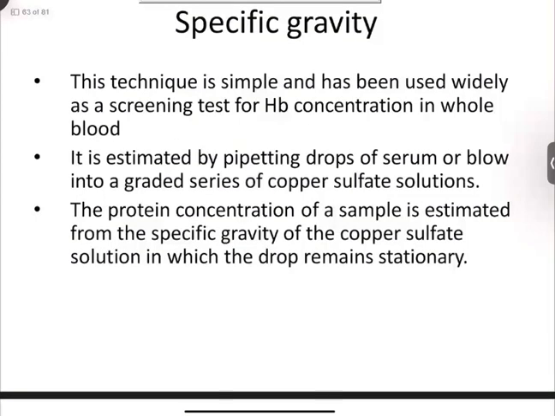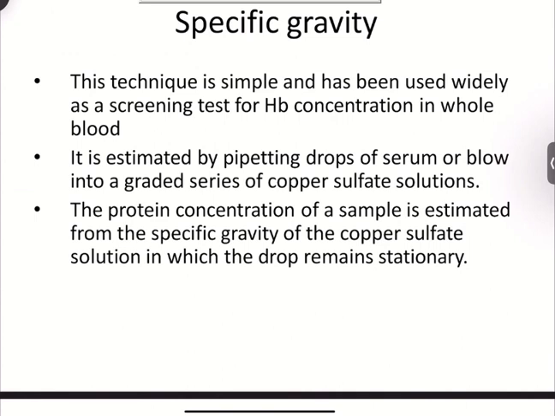Next is your specific gravity. This technique is simple and has been widely used as a screening test for hemoglobin concentration in whole blood. It is determined by pipetting drops of your serum or blood into your graded series of copper sulfate solution. The protein concentration of a sample is estimated from the specific gravity of the copper sulfate solution in which the drop remains stationary.